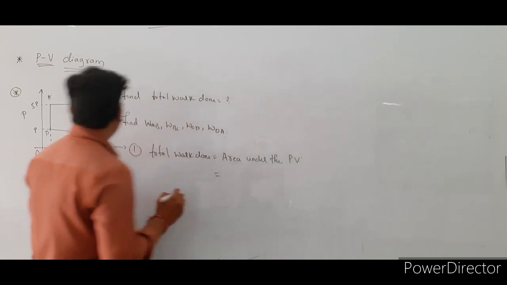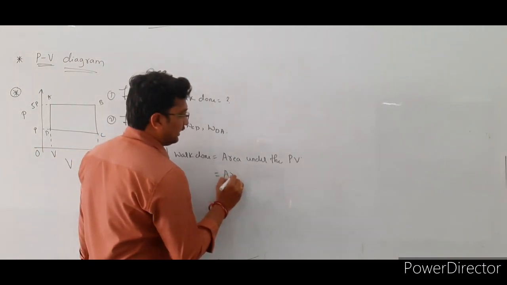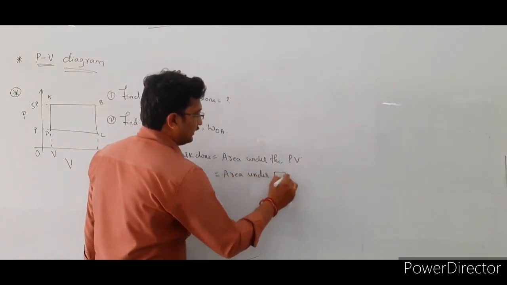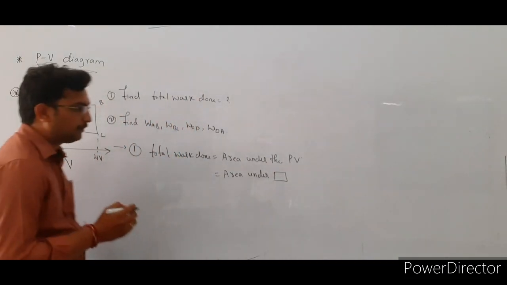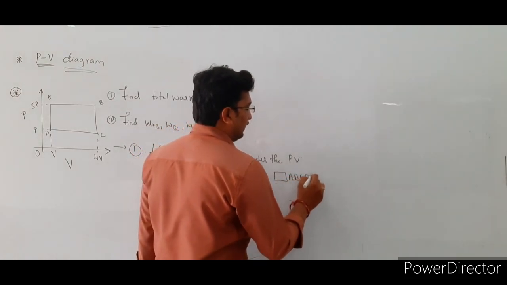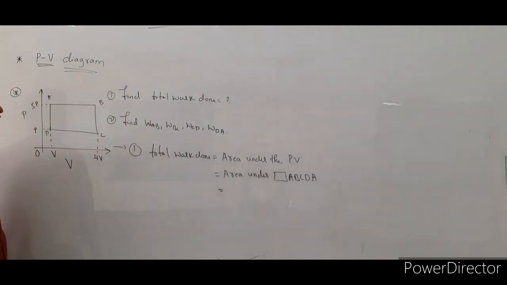See here, in this case it looks like a rectangle. So that is the area under the rectangle ABCD, that is A, B, C, D, A. What is the formula we use to find the area of a rectangle here?